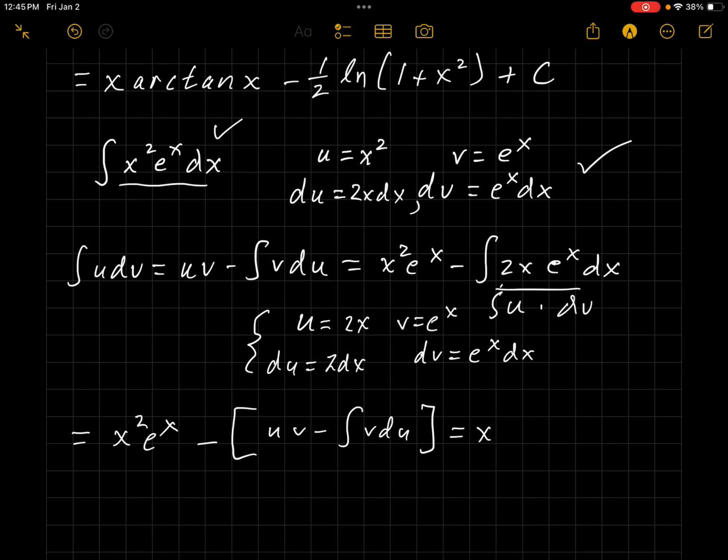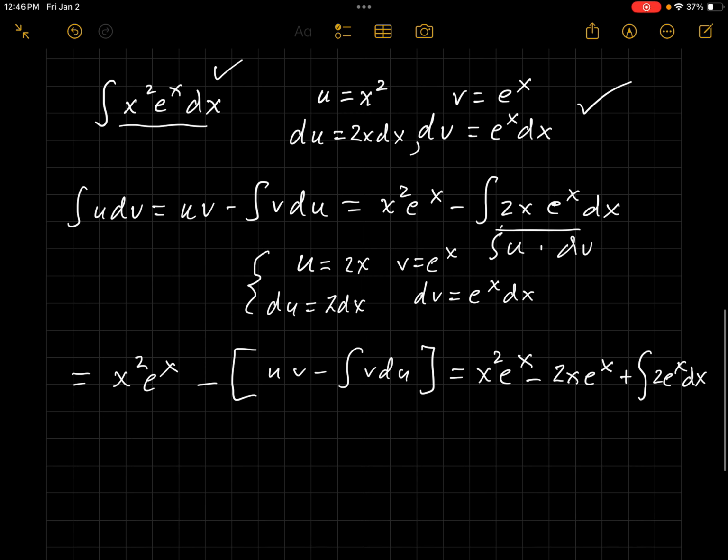So I'll plug in, I get x squared e to the x minus new uv. And then I have minus a negative, so plus the integral of v du, which is a very, very simple integral to do. Let's finish this off.